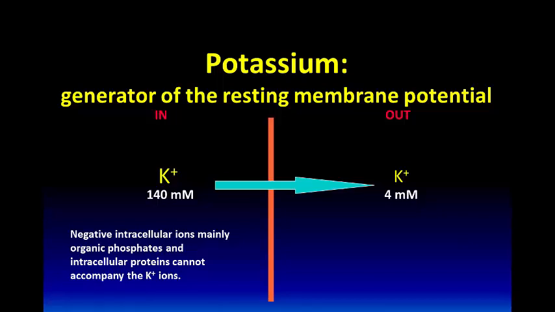Thus, the efflux of potassium ions and the inability of the negatively charged intracellular ions to accompany it results in the accumulation of negatively charged ions on the inner surface of the membrane and positively charged ions on the outer surface, and a voltage develops across the membrane.